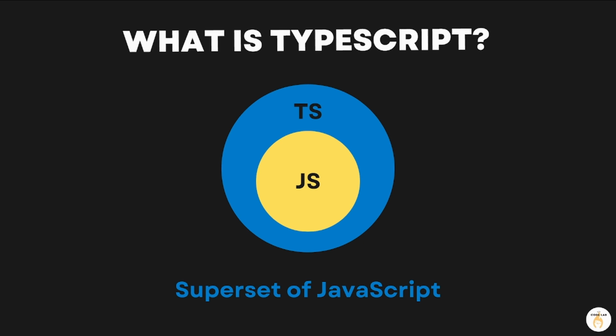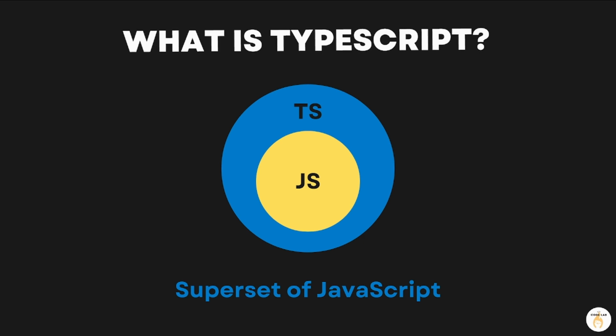First of all, TypeScript is an open source programming language which was developed by Microsoft. It extends JavaScript by adding something called static types. And these types help us catch errors during development, making our code more robust and maintainable.